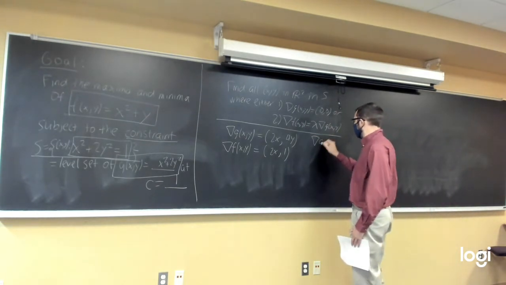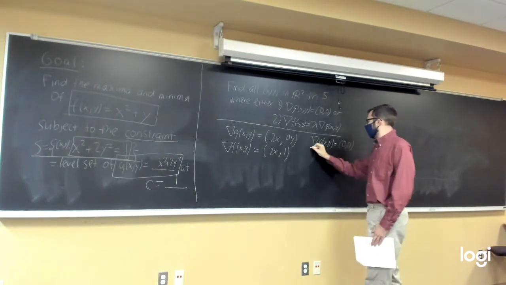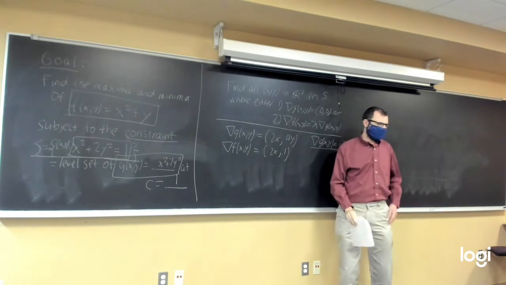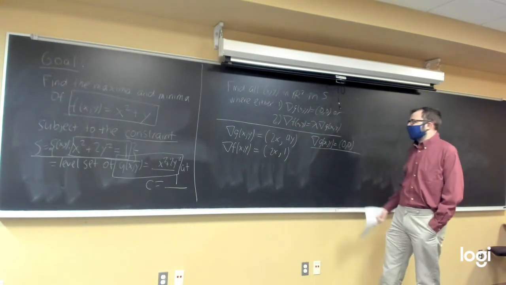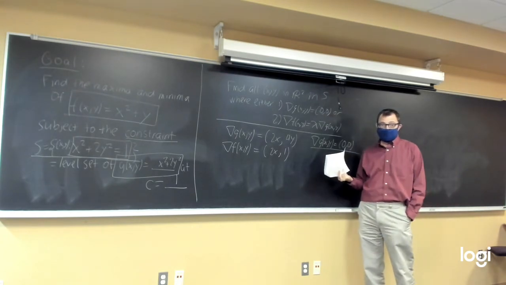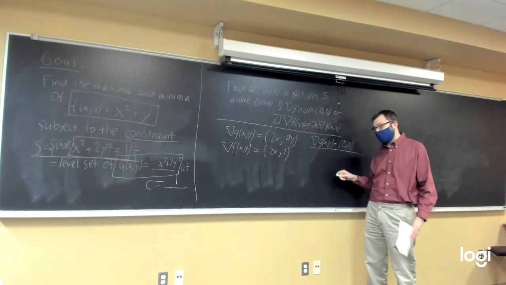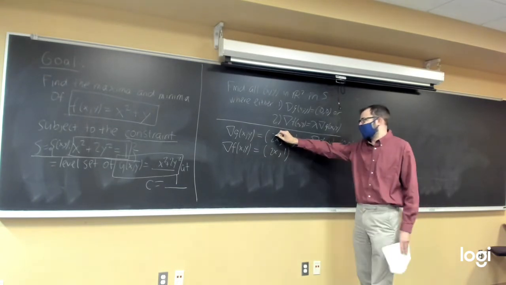So let's first find the points where the gradient is 0. Lori, if the gradient of g at x, y is going to be the 0 vector, what can we say about x and y? Yeah, that's right, Lori. We could say that x and y both have to be 0.